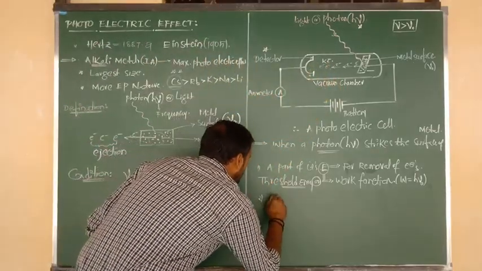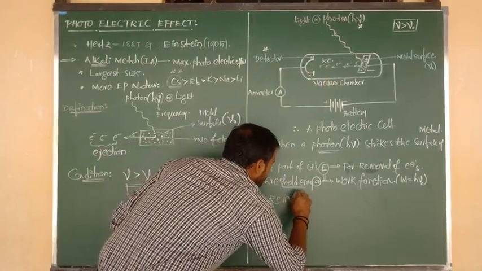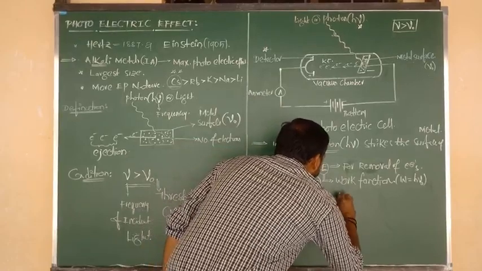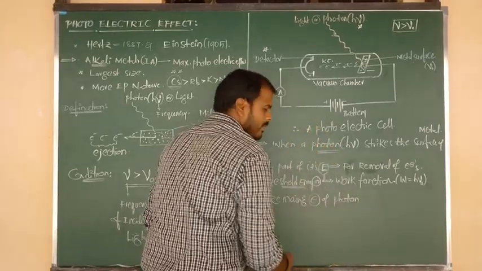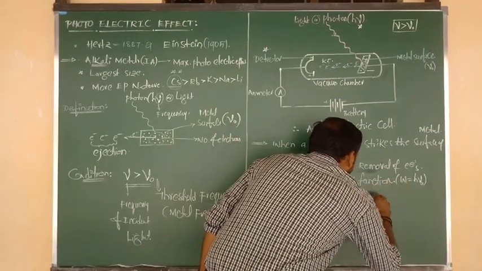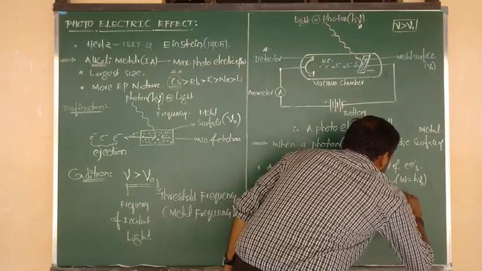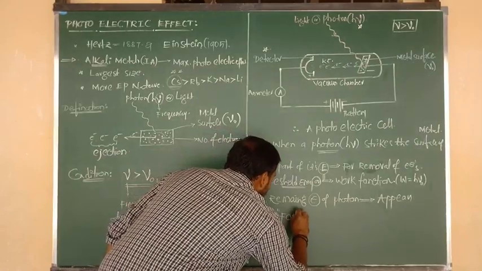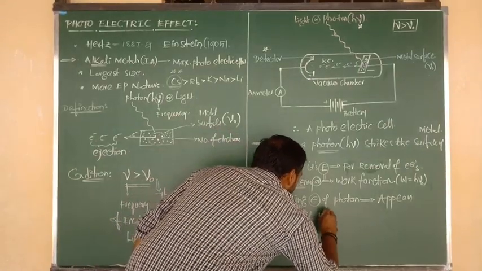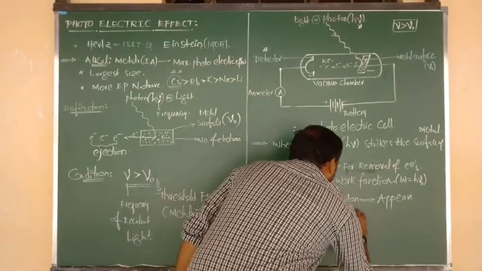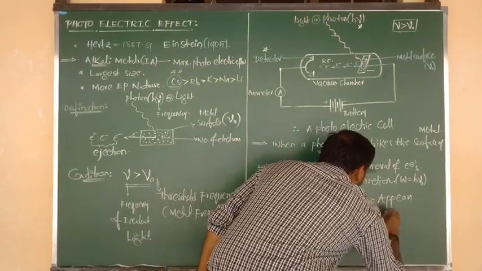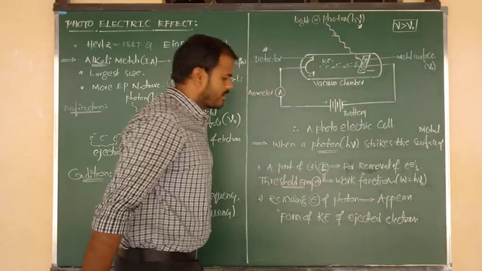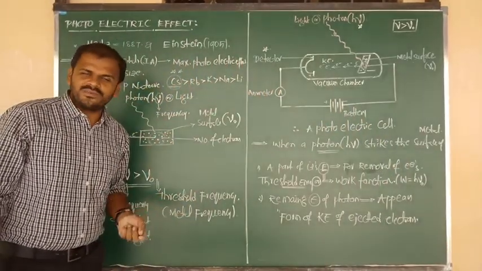So here I am going to write that the remaining energy of the photon will be released, and also we can say will appear in the form of kinetic energy of ejected electrons. In the form of what? Kinetic energy of ejected electrons.